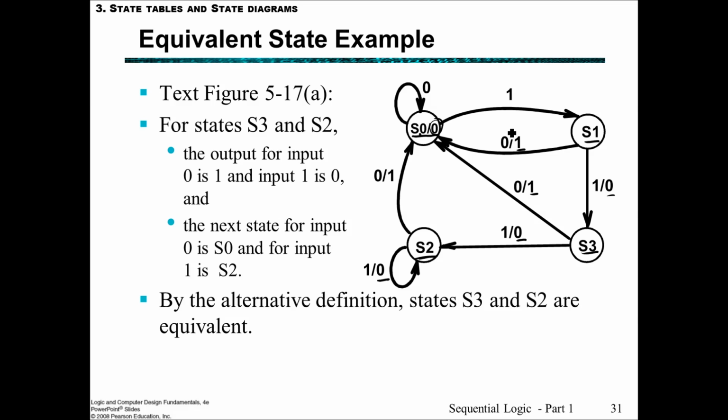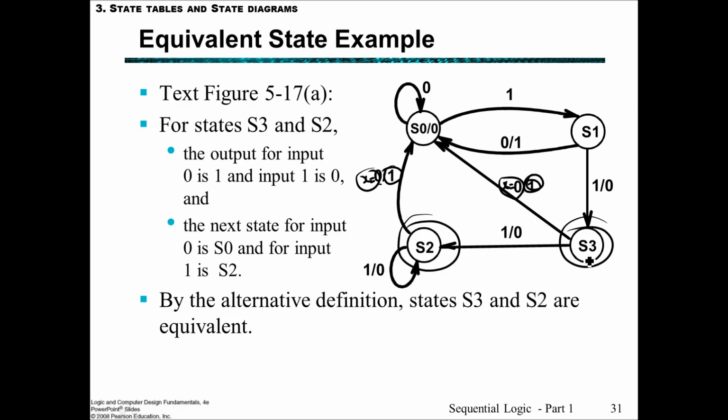Let's focus quickly upon states S3 and S2. Now let's think about the case where the input x equals 0 from both of these states. We have x equals 0 here, x equals 0 here, and when we're on this arc, we output 1 for both of these.